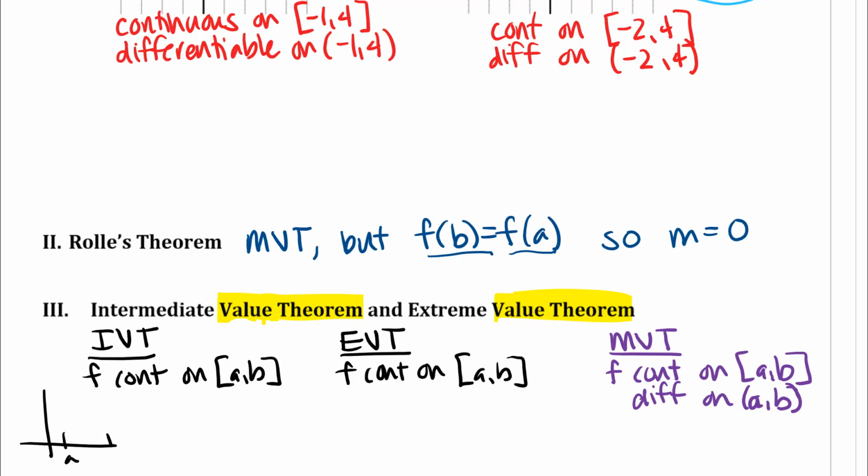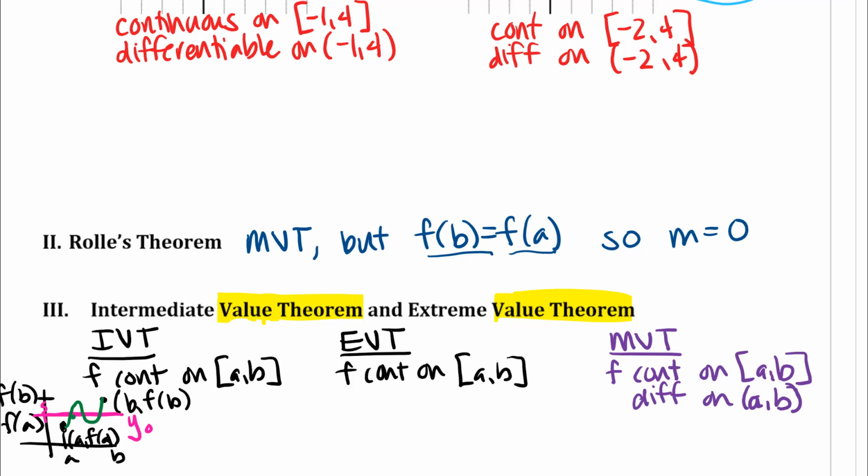So what it says is that if you have a function and 2 endpoints where the function is continuous on that closed interval, and you think about the output values at those 2 endpoints, and you pick any y value that is between those 2 outputs, and we call that y value y naught, then there has to be at least one point where the function crosses that y value.